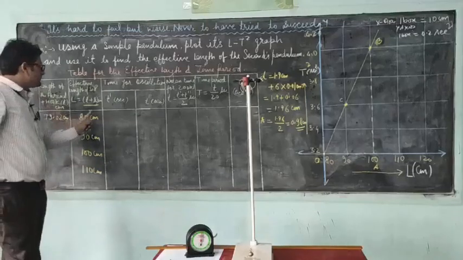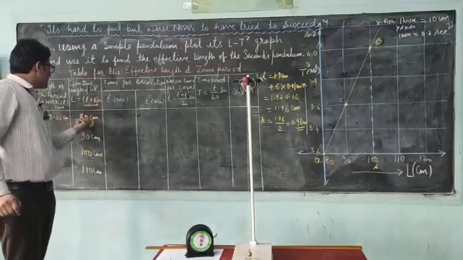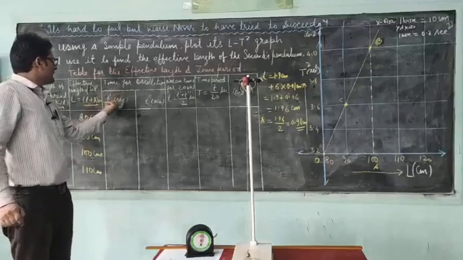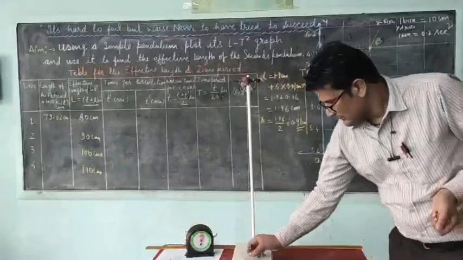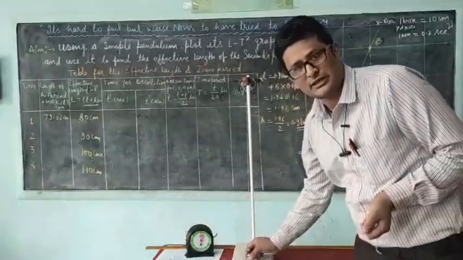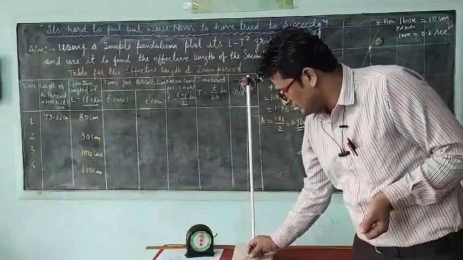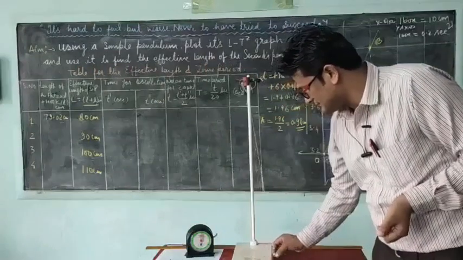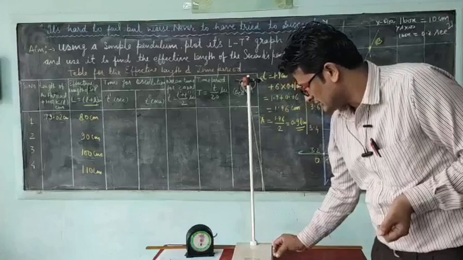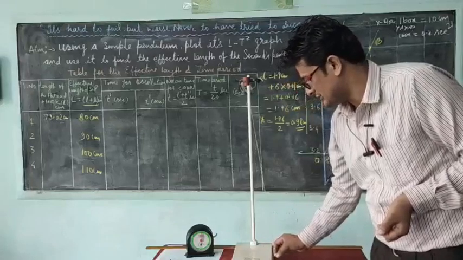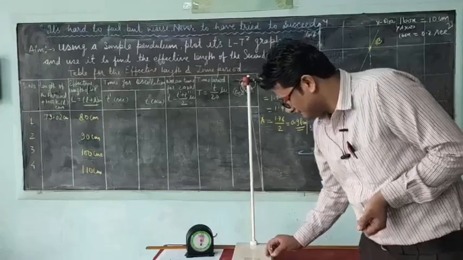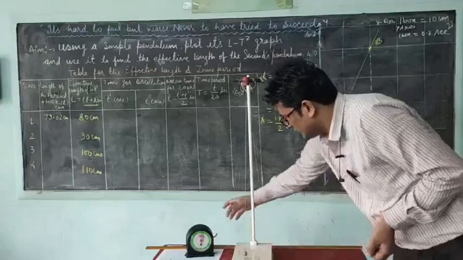For 80 centimeter, this is the mean position of the spherical ball. We displace it from the mean position by about 5 to 7 centimeter, then leave it freely and press the stop clock.